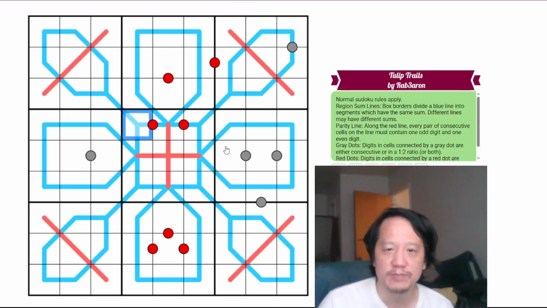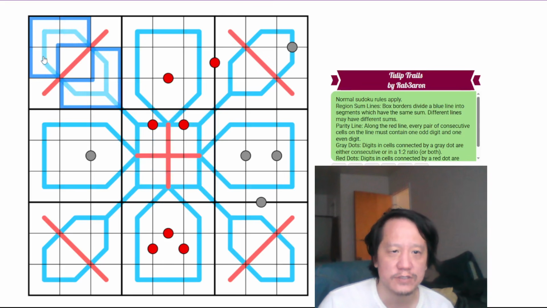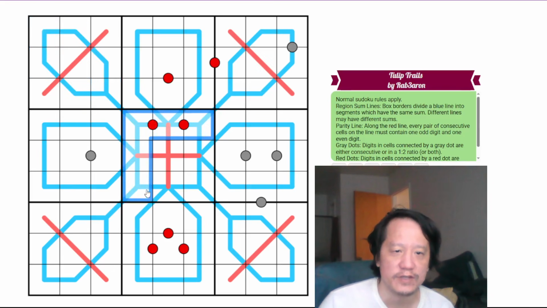Different lines may have different sums, but this is all one long line here. So that's interesting. The sum of these 6 digits is equal to the sum of these 8 digits, which is equal to the sum of these 7 digits, etc., along this region sum line.